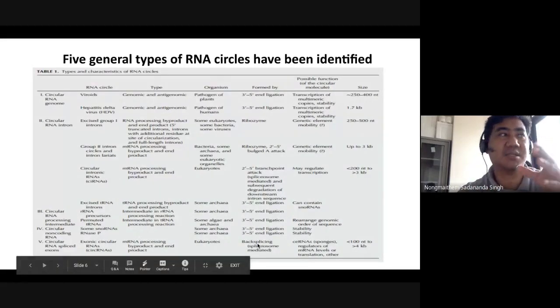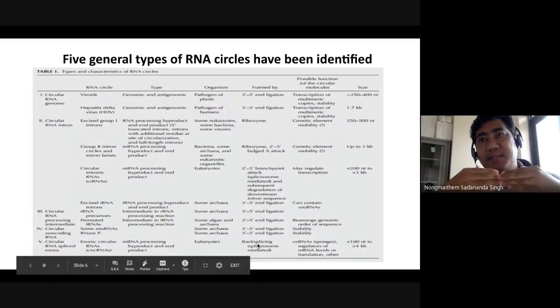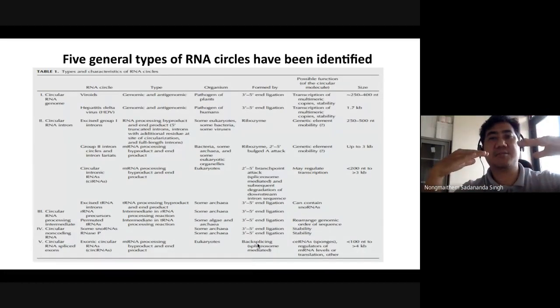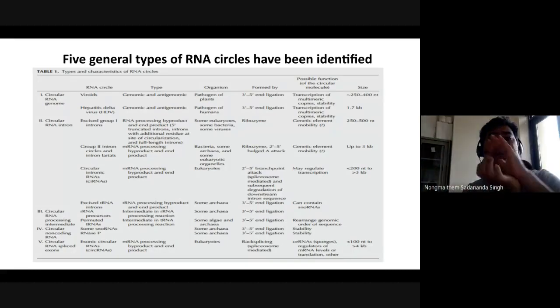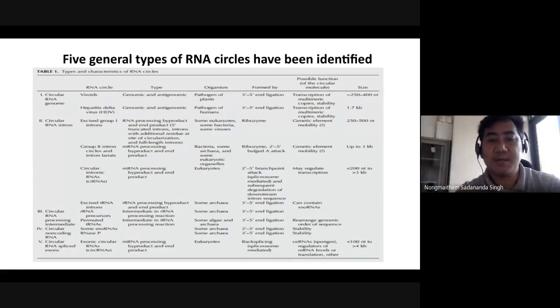Back splicing means, if you look at splicing, the first exon joins to the second, and second joins to the third. But in back splicing, rather than the second joining to the third, the fourth goes back and joins with the second. So we'll see that kind of maturation of circular RNAs in the later slides.